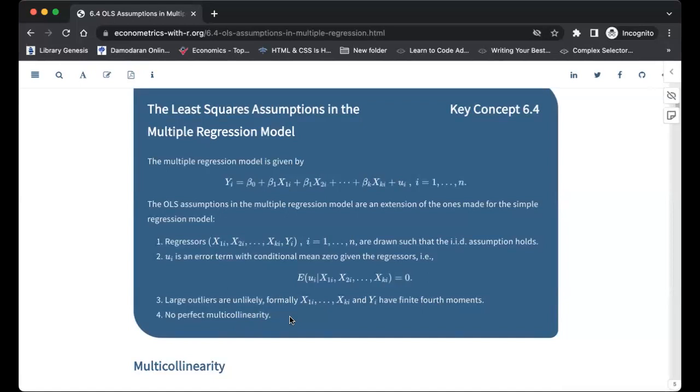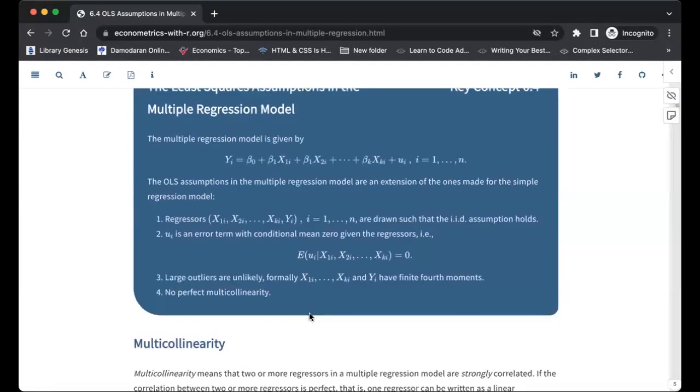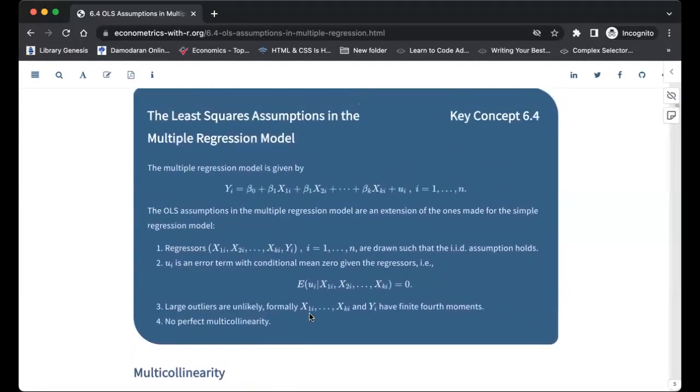Perfect multicollinearity happens when one of the regressors is an exact linear function of the other. We could form some linear combination of one regressor with the other, and then we have a problem of perfect multicollinearity, which will make our OLS estimators biased.